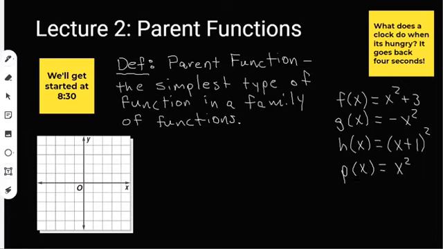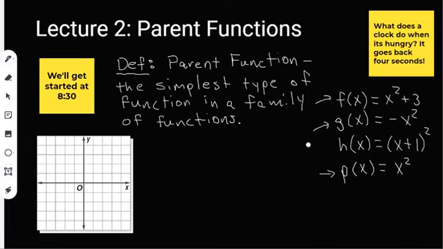So what I'm doing is taking the parent function, p of x equals x squared, and editing it each time. If I add 3 to it, I get f of x. If I put a minus out in front, I get g of x, negative x squared.